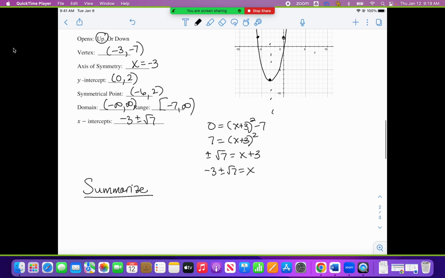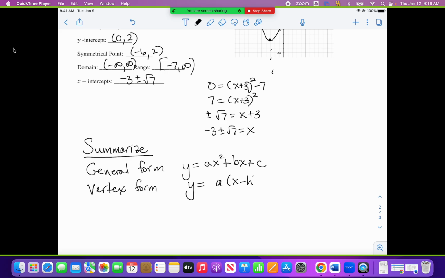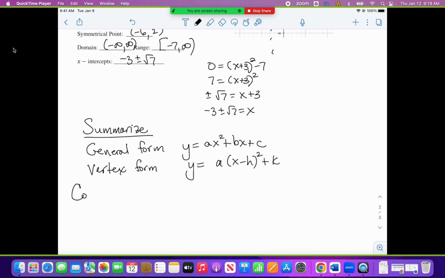All right, so let's do a quick summarizing. Let's summarize what we just did today. General form is y equals ax squared plus bx plus c. Vertex form was y equals a times the quantity x minus h squared plus k. Okay, so today we talked about general form and vertex form.